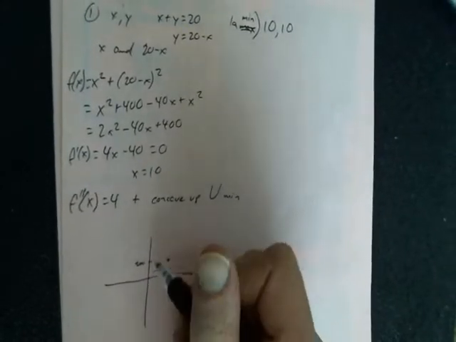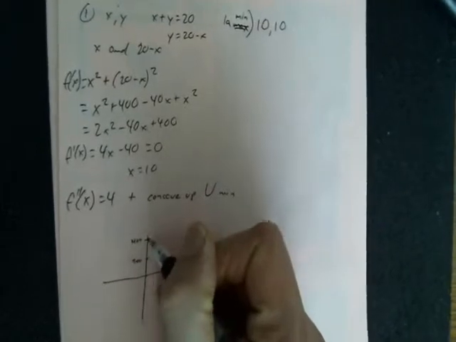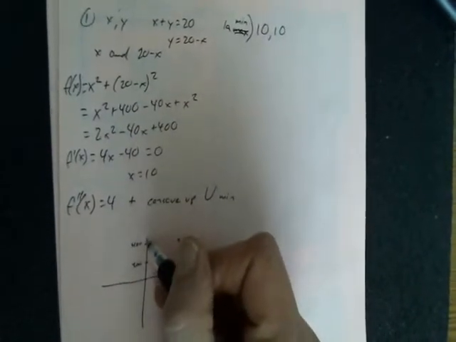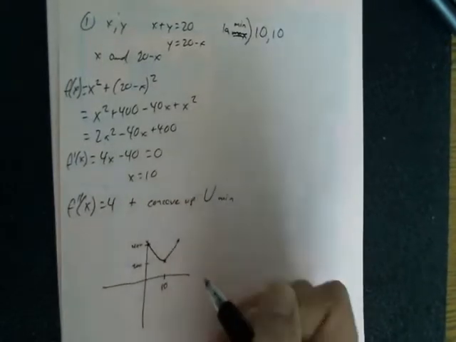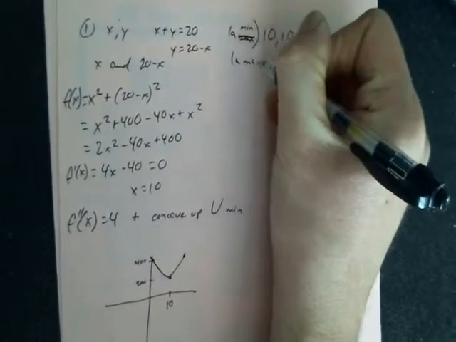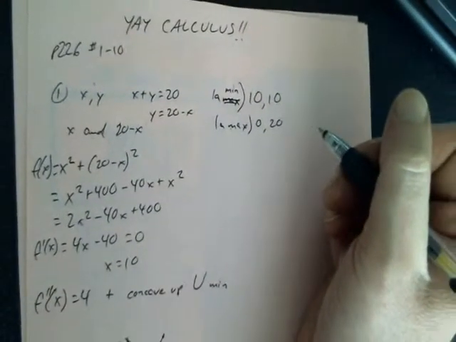At 0, it'd be 0 plus 20 squared, which is 400. And at 20, it's up at 400 again. So we can be sure it looks like this. So our maximum values occur at 0, 20, or 20, 0. It's the same difference.